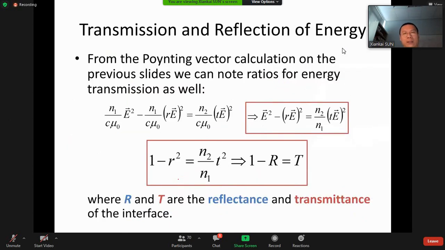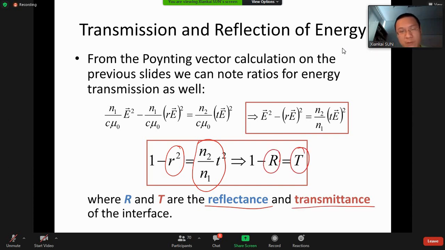All right. So we actually give a new name for these two terms. This one, we call it reflectance rather than reflection coefficient. And this one, big T, we call it transmittance of the interface.